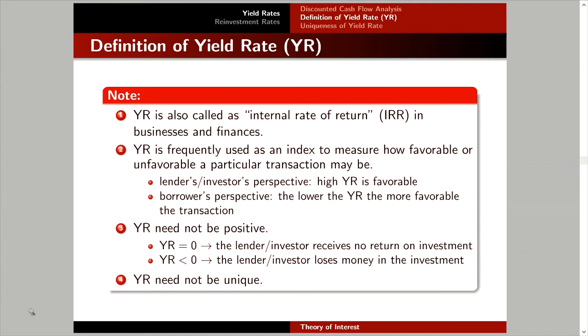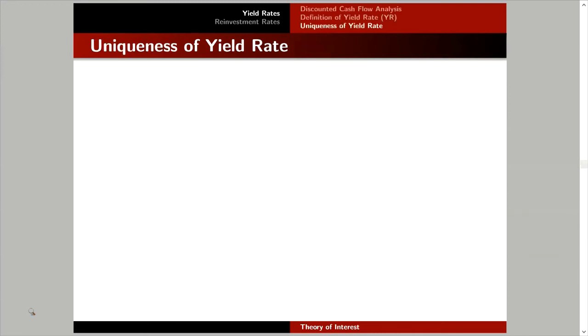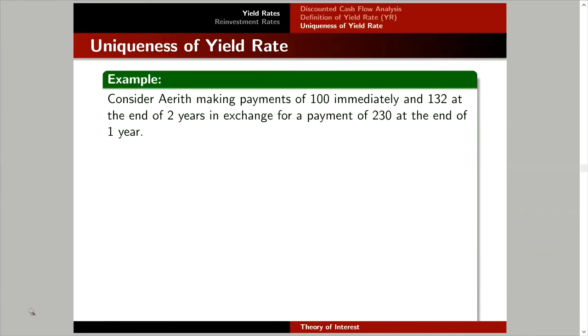Last note. Yield rate need not be unique. Let me give you an example or a problem where the computed yield rate is not unique. Let's have this problem. Okay? So this person is making payments of 100 immediately. So that means today and 132 at the end of 2 years. So let's consider A. Reith as the investor.